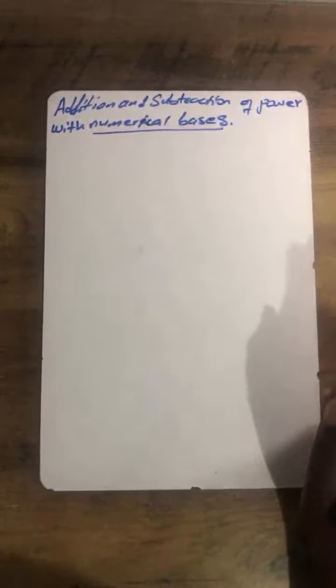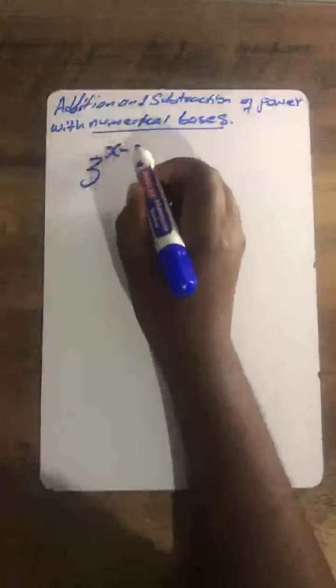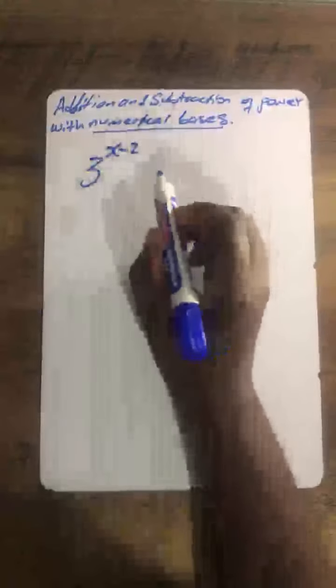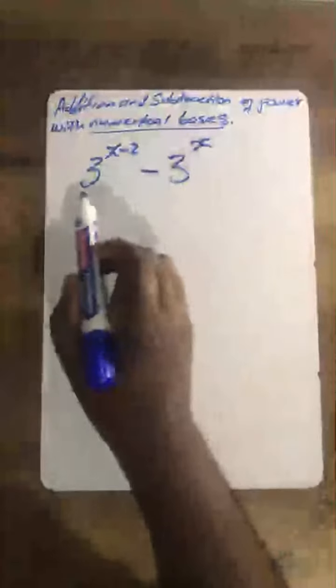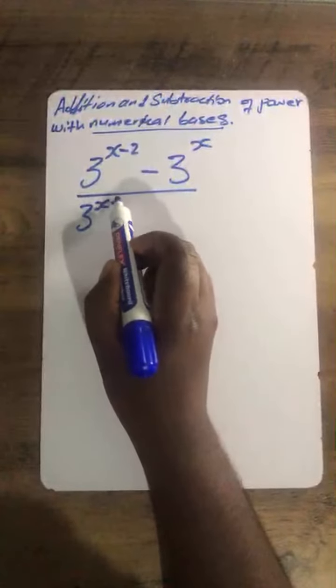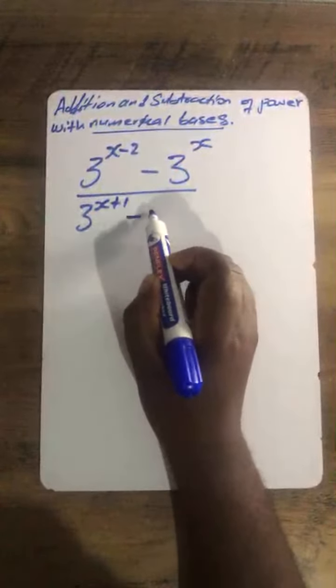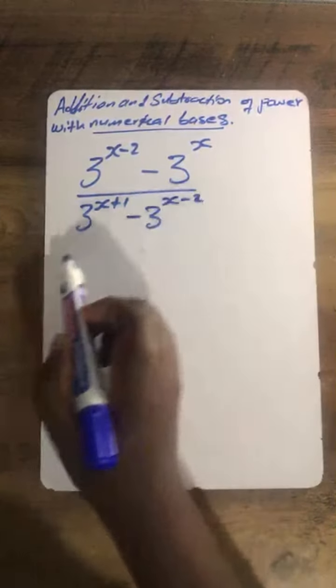So now let's see. Let us say we've got 3 to the exponent x minus 2. Then we minus, let us say, 3 to the exponent x. The whole of that, we divide it by 3 to the exponent x. Let us say plus 1. Let's also minus there and say 3 to the exponent x minus 2.